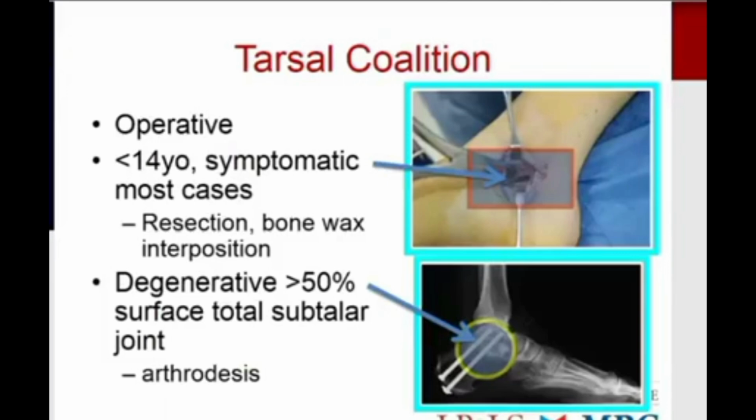So if you have a patient that has a complete coalition of the middle facet, that still is very small in comparison to the total articular anatomy of the posterior facet and the anterior facet, and those patients don't warrant fusion. So when you make that assessment, make sure you understand that it's the total surface of greater than 50% that then warrants fusion of the subtalar joint.